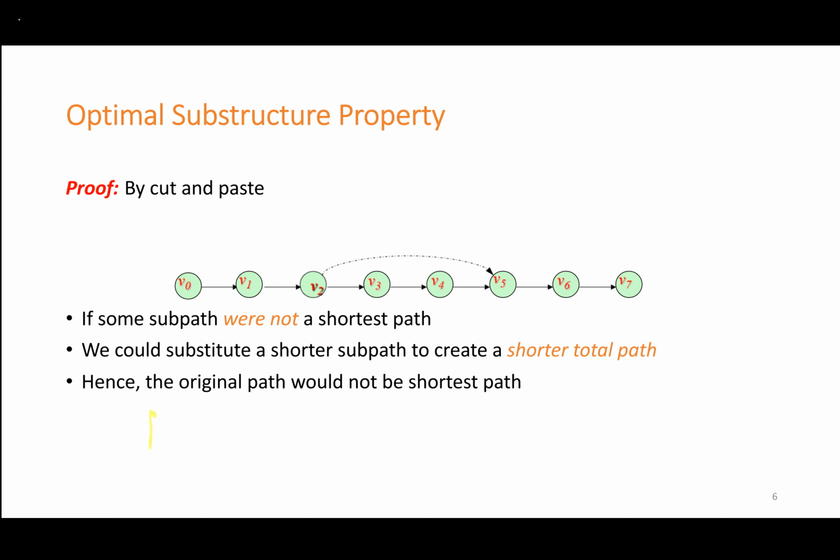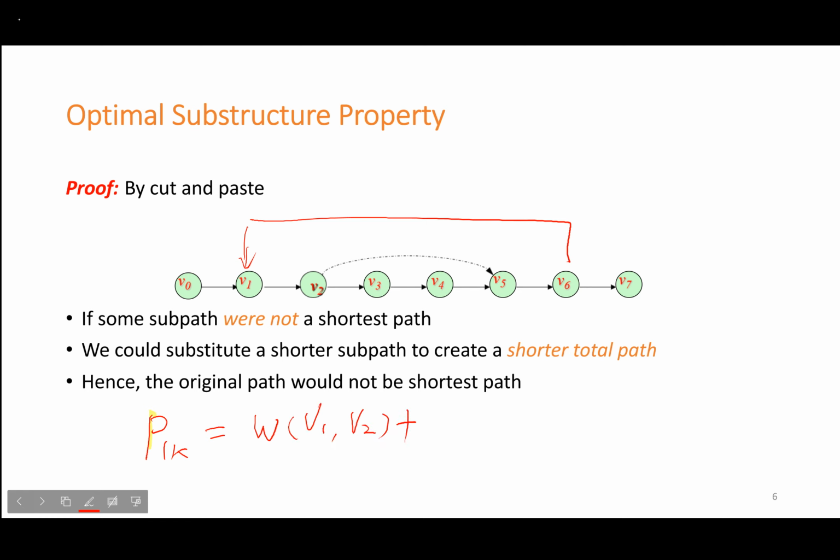Let's say P1k is the shortest path from v1 through v6. It is equal to W(v1, v2) plus, since it is the shortest path, P25, plus W(v5, v6).